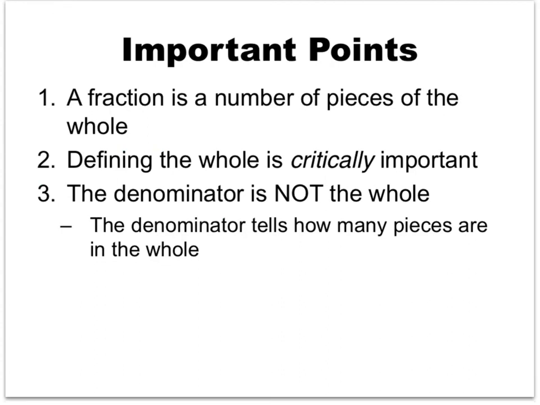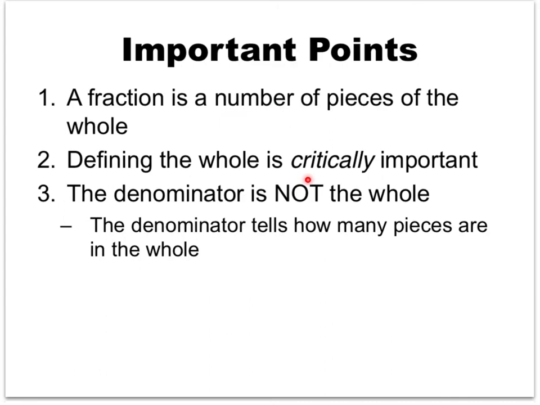Now, 3 important points that we're going to stress whenever we talk about fractions. Number 1, a fraction is a number of pieces of the whole. A fraction 3/8, for instance, means we've got 3 pieces. 5/8 means we've got 5 of those pieces. A fraction is always a number of pieces. Number 2, a point we've already stressed, defining the whole is critically important. If we don't define the whole, then the fraction is meaningless.